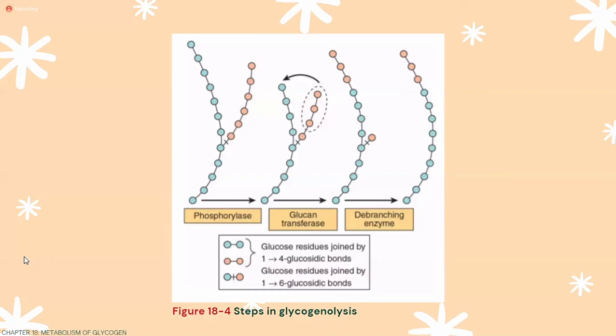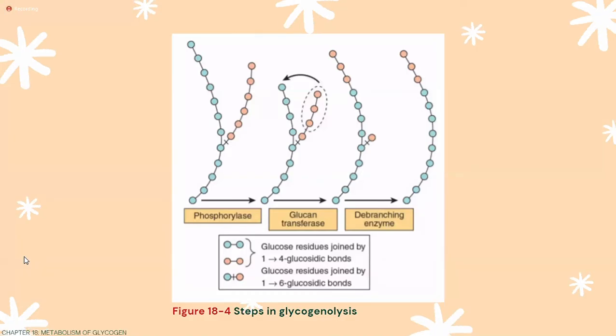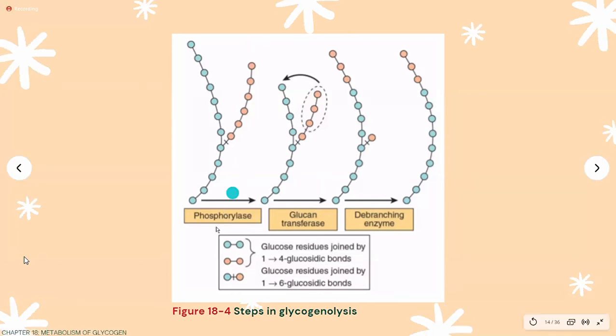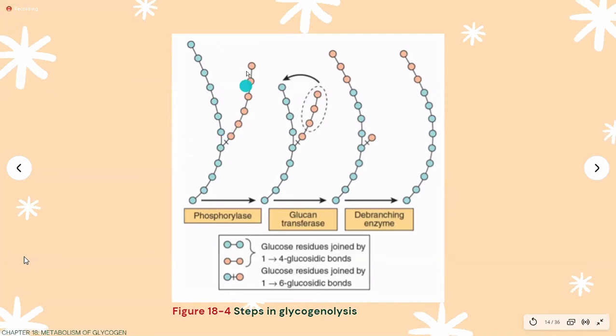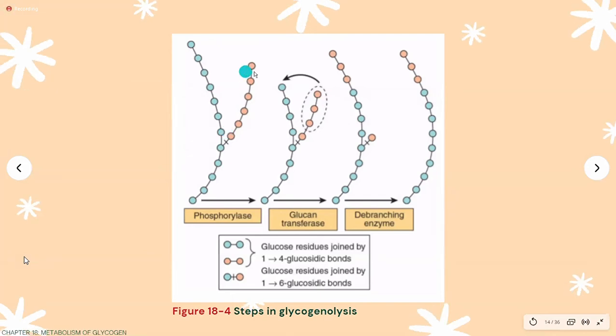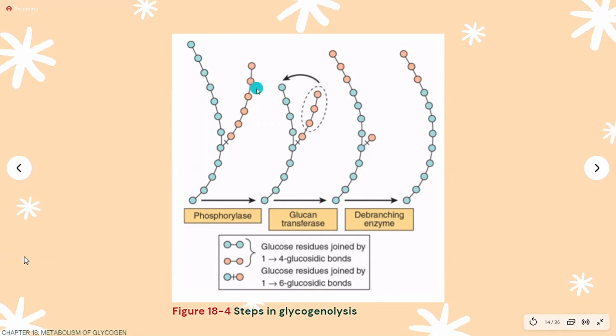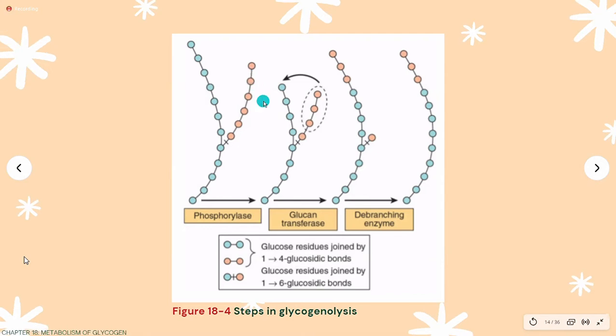All right, there you are. So look at this, phosphorylase. So what does it do? Removes glucose units here, glucose units there, and releases them as glucose 1-phosphate.